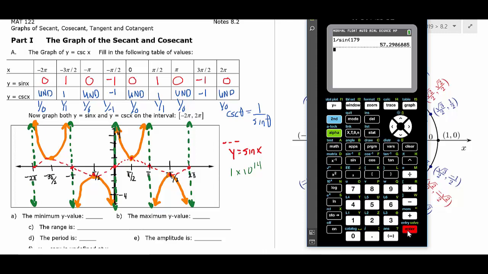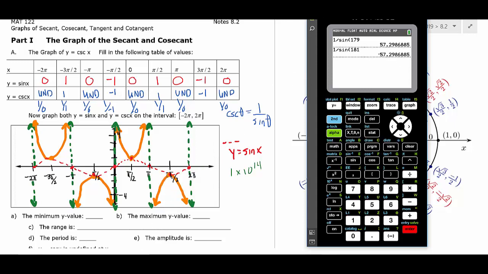That's how I put in the cosecant. Well, I'm getting a real big number. So the closer you get to that value of 180 or pi, the higher that graph goes. And if I go to the right of that, like 1 over the sine of 181 degrees, then it's a real small number, so that's why it's going to negative infinity.